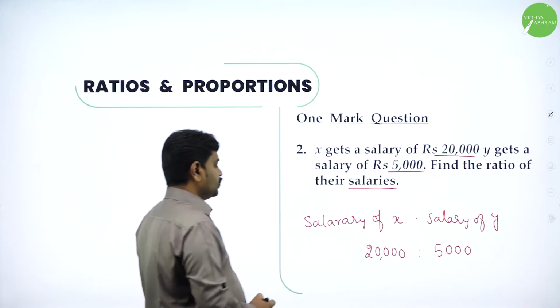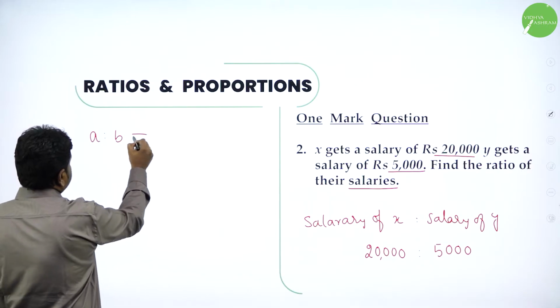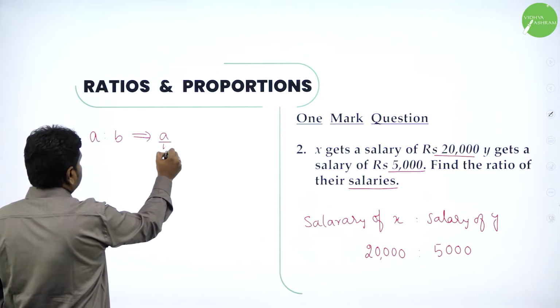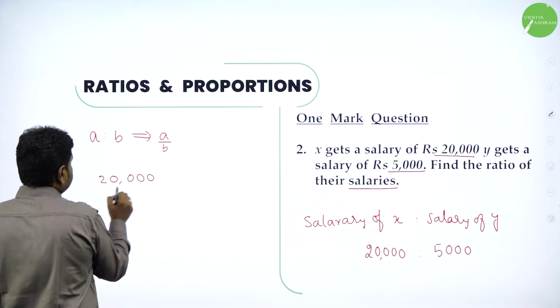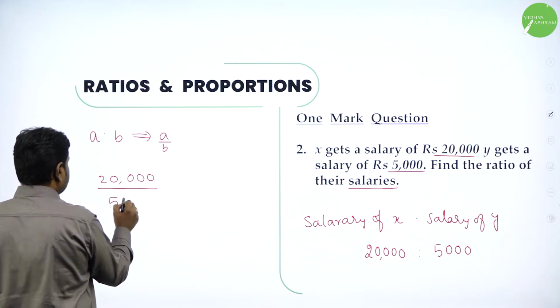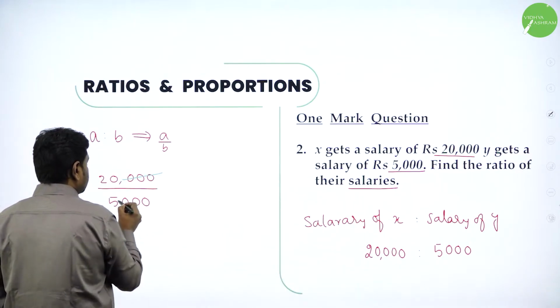Now we'll divide these two. When you divide, you know A is to B can be written as A by B. That is 20,000 divided by 5,000. You can cancel 3 zeros and 3 zeros.